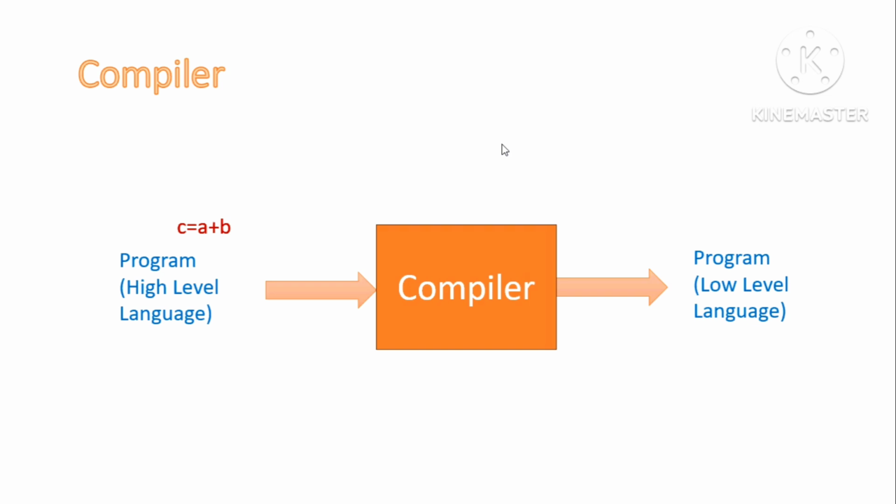The compiler converts C equal to A plus B into a language where the system can easily recognize, understand and execute. So C equal to A plus B is converted as ADD A, B and MOV B, C. This is written in assembly language, so the high level language is converted to an assembly level language, which is also considered a low level language.